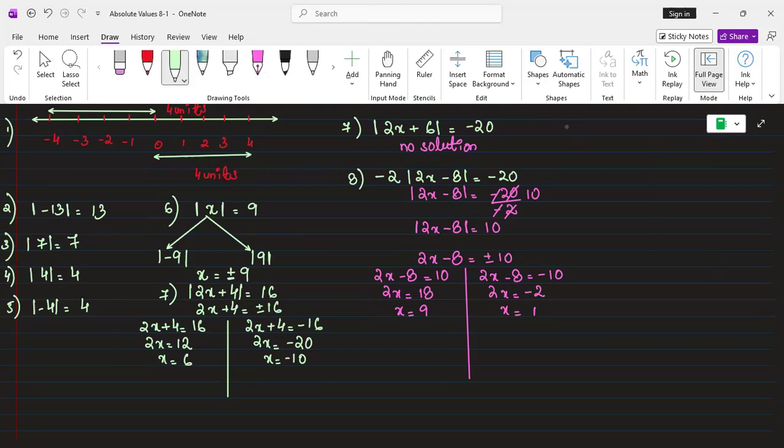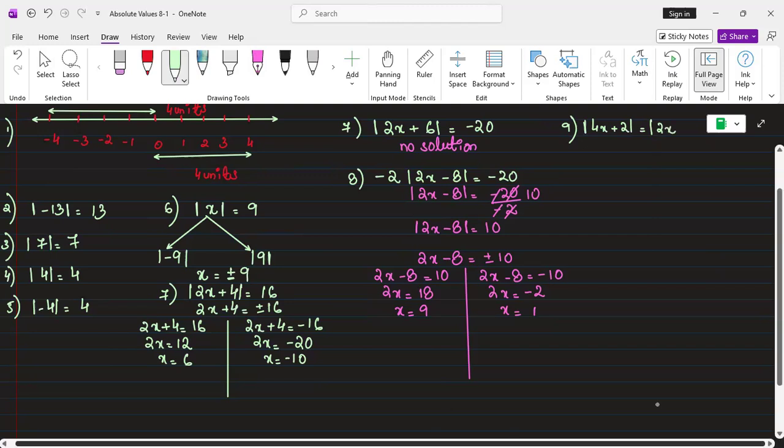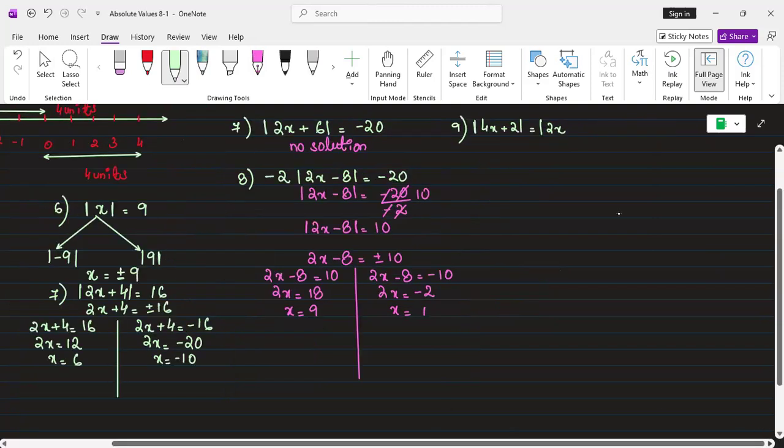Now let's move forward. Condition number 9. For example, if it is modulus 4x plus 2 is equivalent to modulus 2x minus 24, right? Now there's modulus on both sides of the equation.